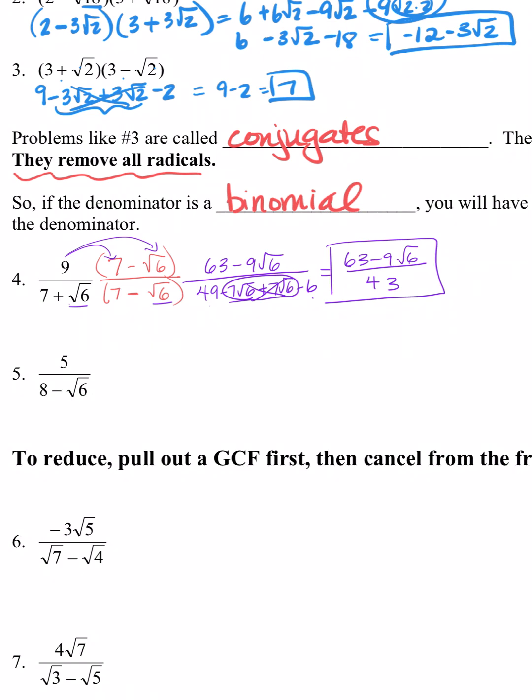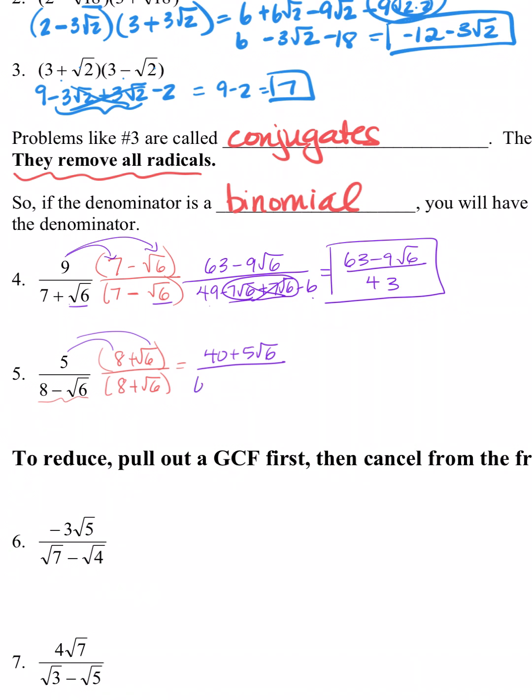Let's look at number 5. There's a binomial here, so I need to figure out its conjugate. 8 plus square root of 6. What I do to the top, I have to do to the bottom, so it's equivalent to 1. Now if I distribute, here we go. We'll have 40 plus 5 square roots of 6.